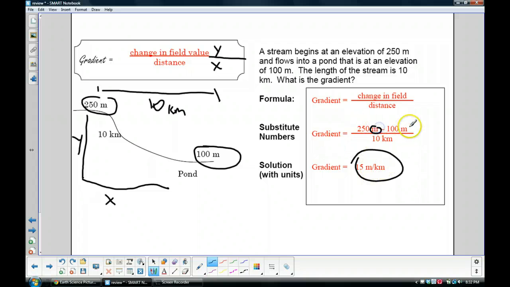Keep the units when you're doing these, because then it'll be easy for you to find out what the actual overall units are. This would mean if I walked for just 1 kilometer, I would drop 15 meters. So here I walked 10 kilometers, so I dropped 150 meters. So each kilometer I walked, I dropped 15 meters.